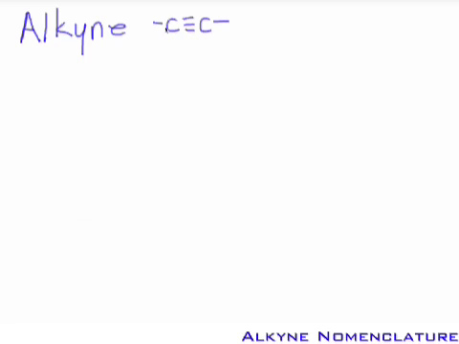They are named in IUPAC nomenclature by taking the alkane and replacing the ane. So you take the alkane name and you replace the ane and add yne. So that seems to make reasonable sense.